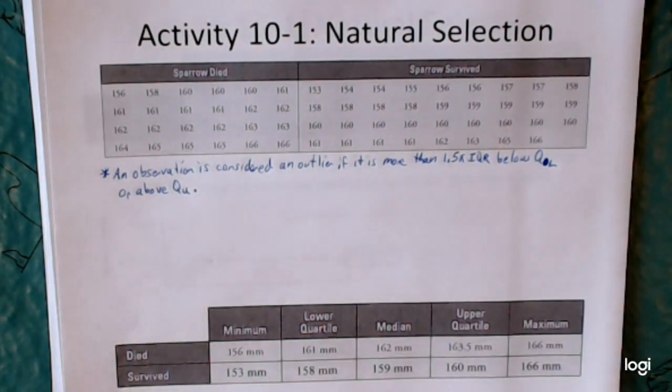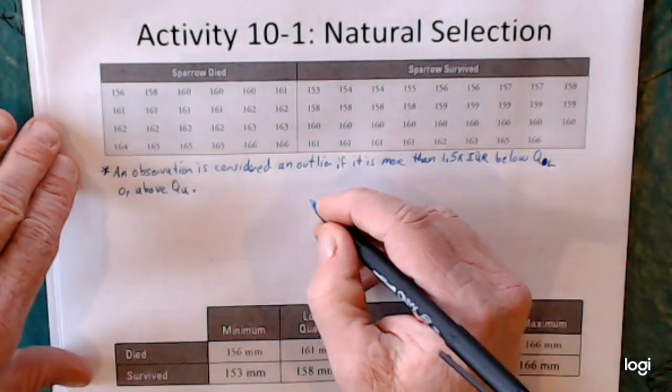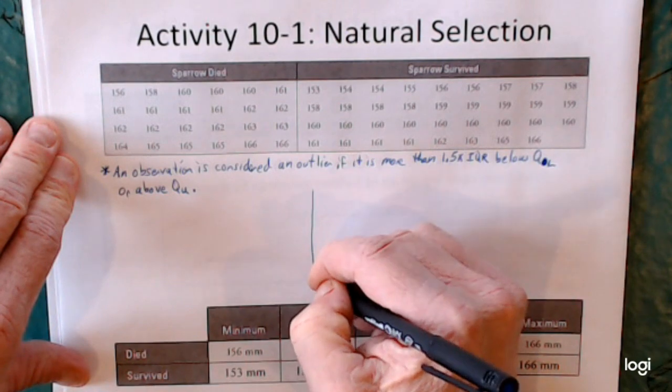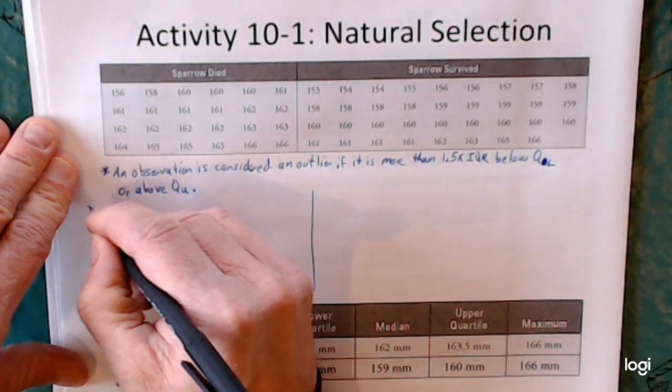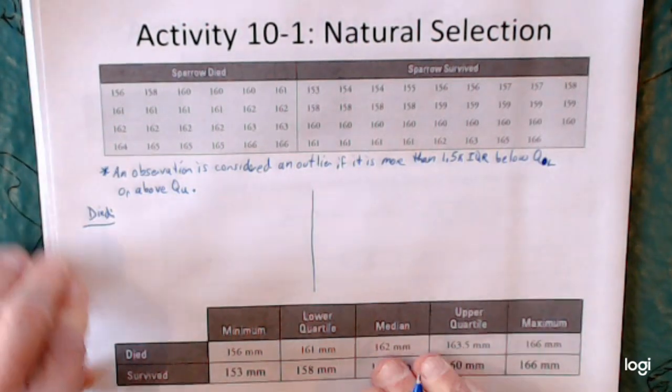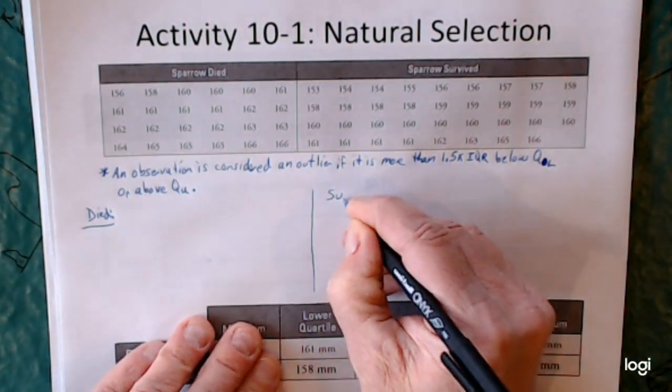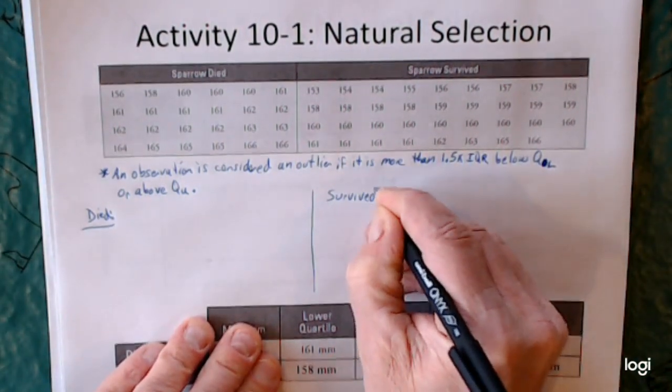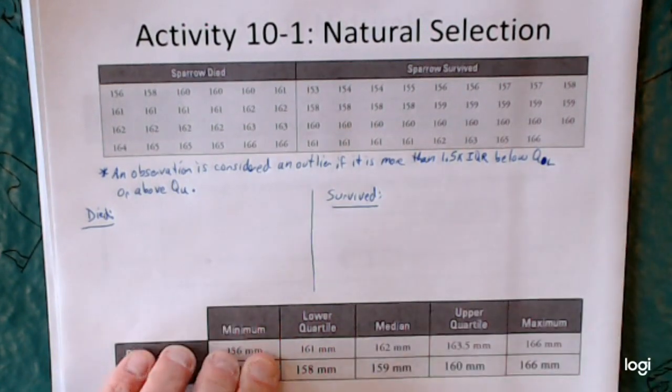So let's try it in an example. We'll work with the sparrows that died and then the ones that survived. Your book goes through the calculation for the sparrows that died, but let's redo that anyway, just so we can be sure we understand what's going on.